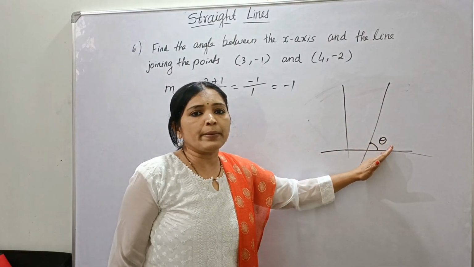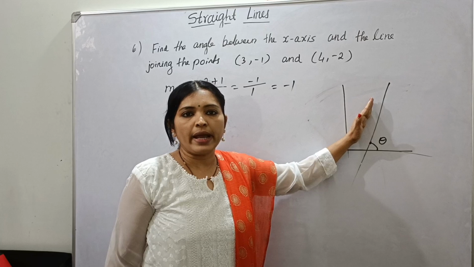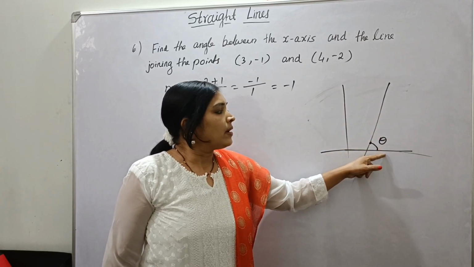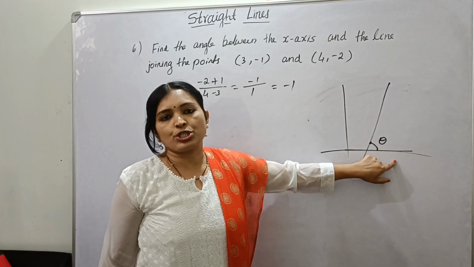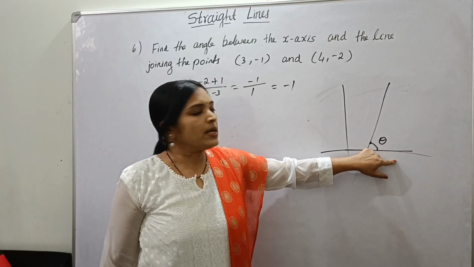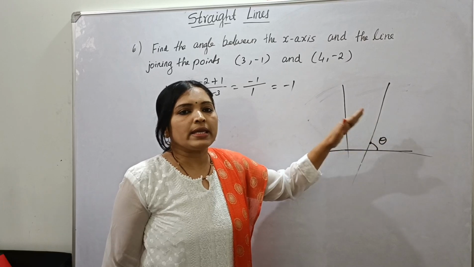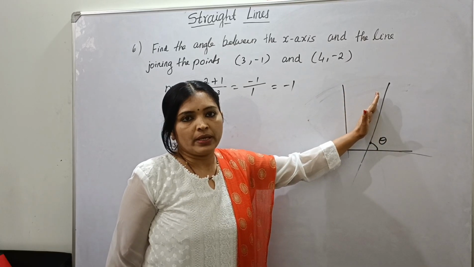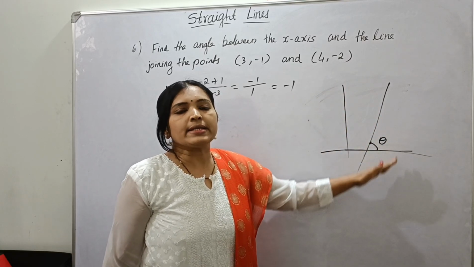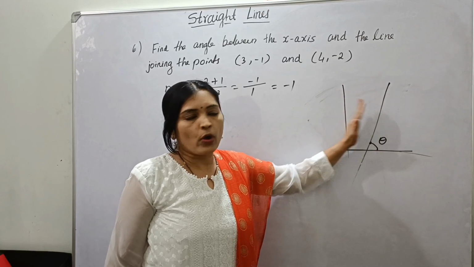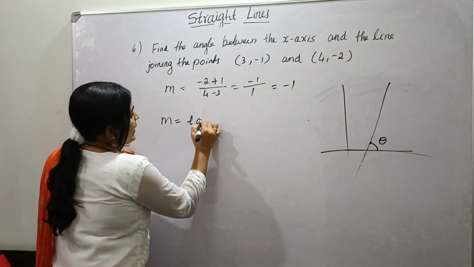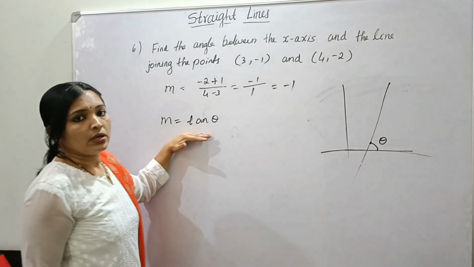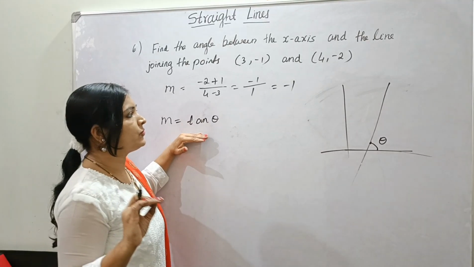This theta is nothing but the inclination of this line, right? Because this theta is the angle made by the line with the positive x-axis. So this theta is the inclination of this line. Therefore, tan theta is the slope of this line, by the definition of slope.